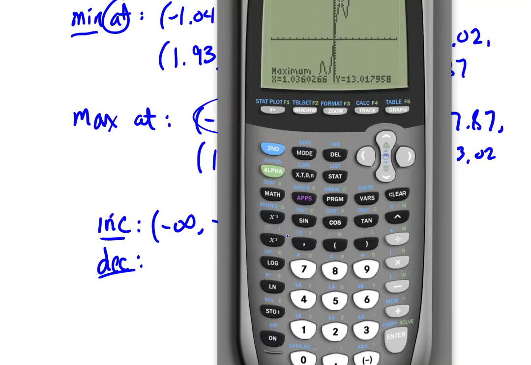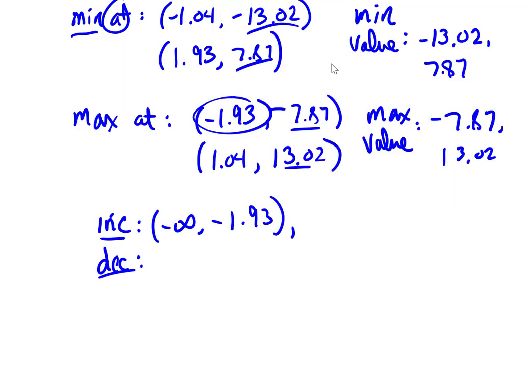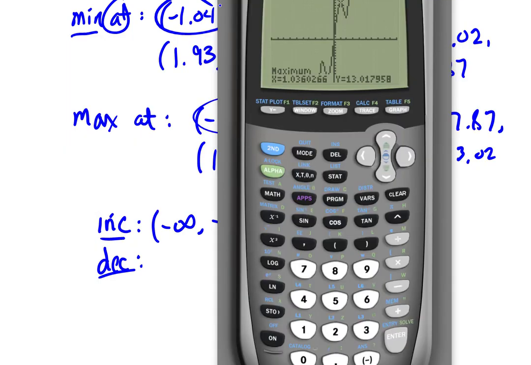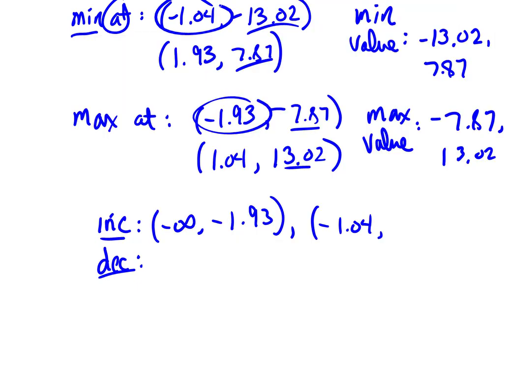As we look back at the graph, you'll notice between the first valley and the second peak would be a spot of increasing. The first valley was the first minimum. That occurred when x was negative 1.04, as we can see from above. And then the second peak, which is where this increasing seems to level off or max out, would be when x is 1.04, as seen from the x value of our second max point.